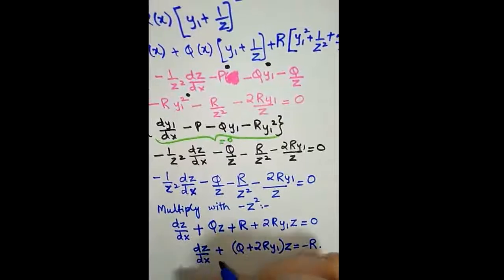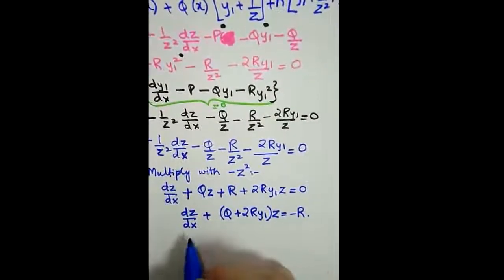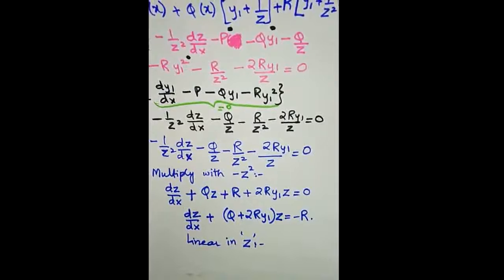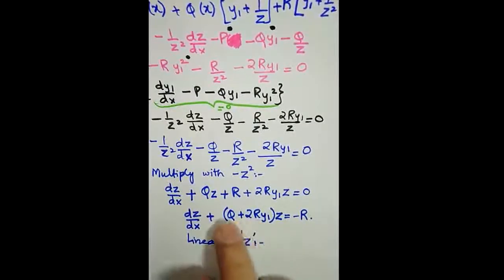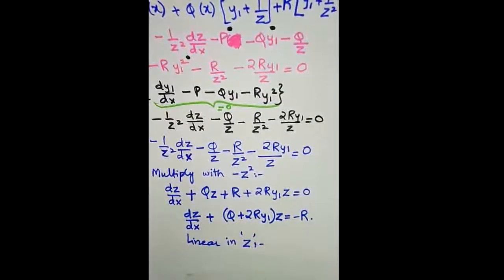You can definitely see that this is a first order linear equation and this is linear in z. With the simple method of integrating factor, you just have to find the integrals. This is considered as p of x, and then you further find out. So it depends on the questions; if you do a specific example, it becomes really easy.